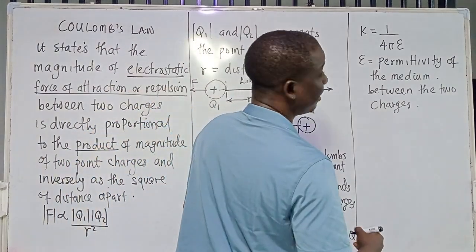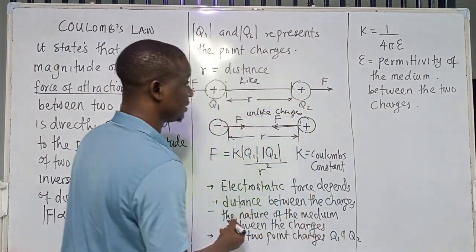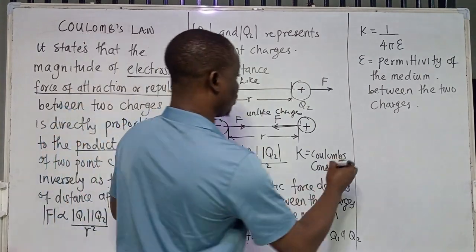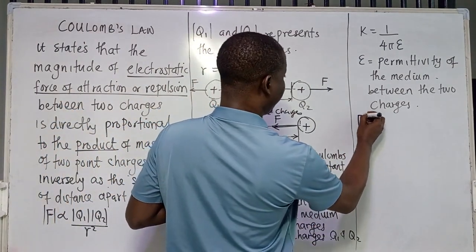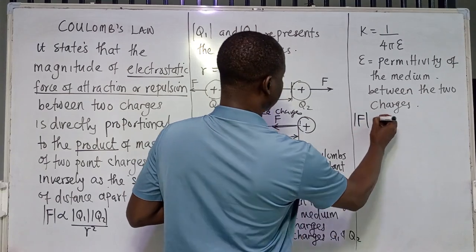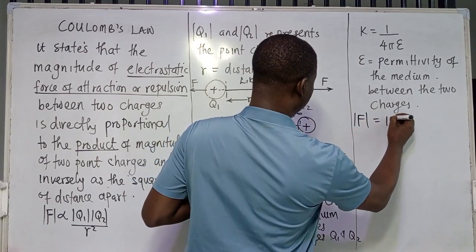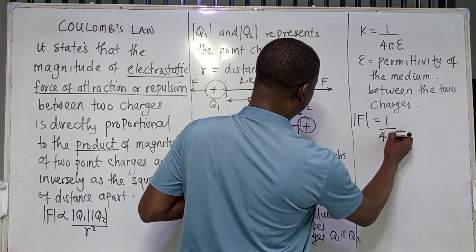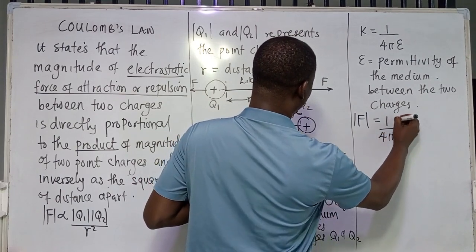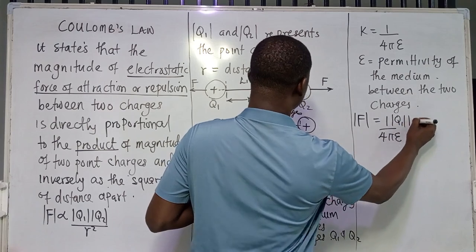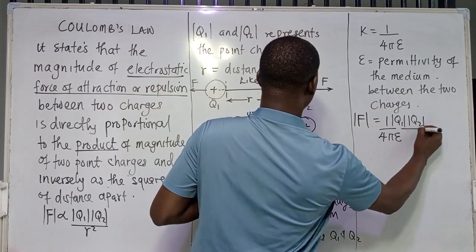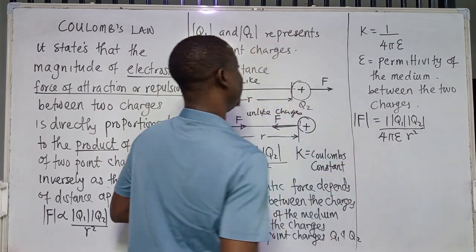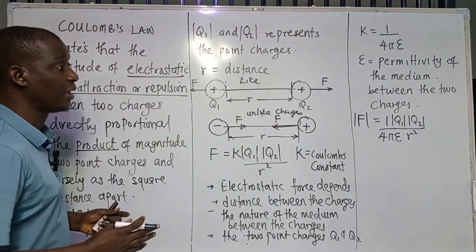That is epsilon, and that's why we say it depends on the medium. If you put it here, the magnitude of F is equal to 1 over 4 pi epsilon, Q1 Q2 over r squared. That is the formula.